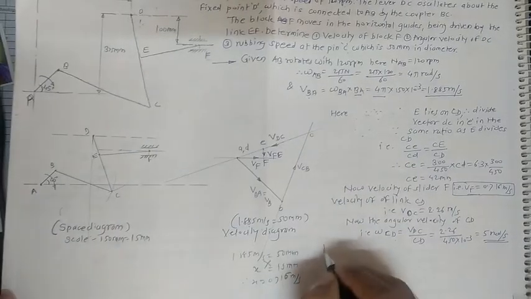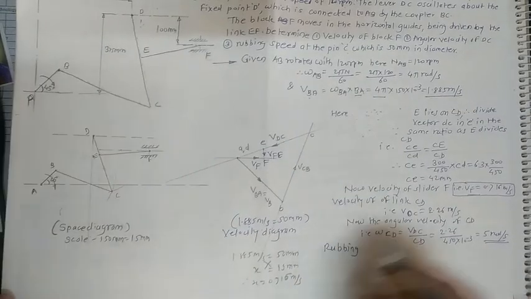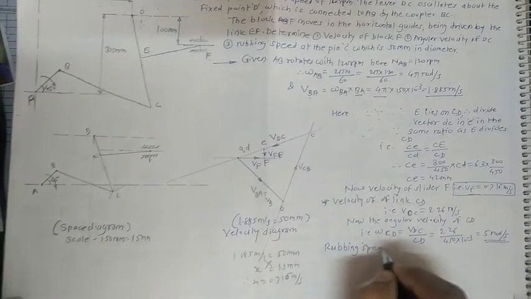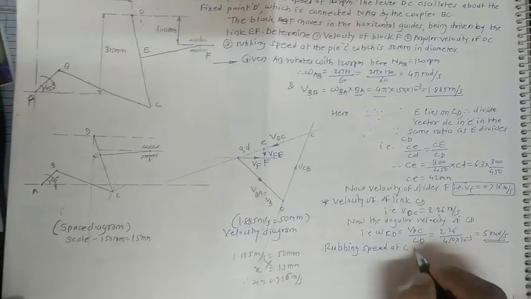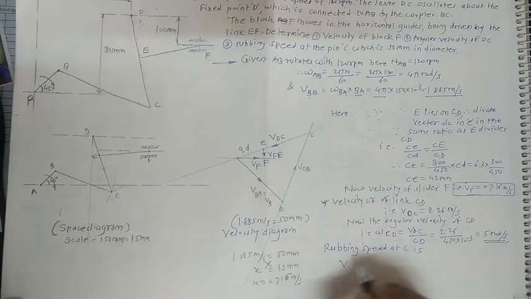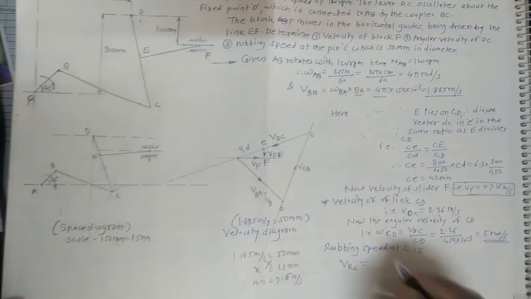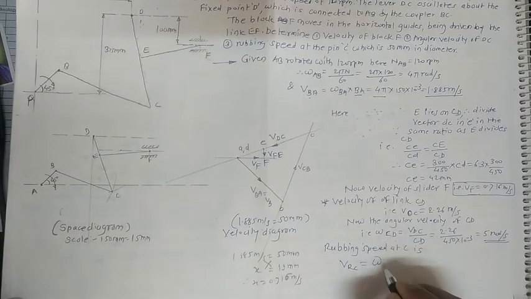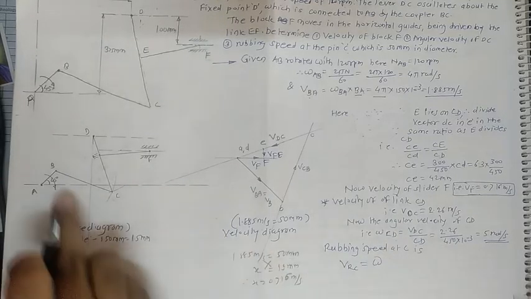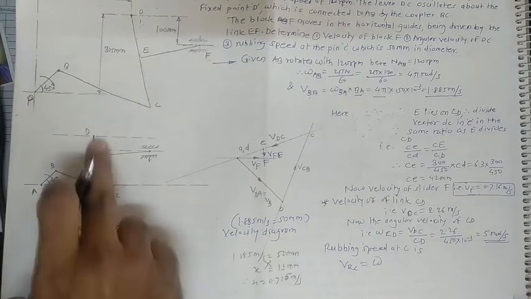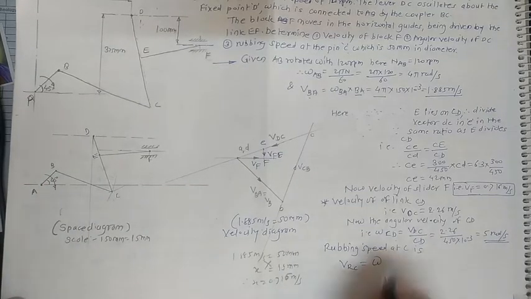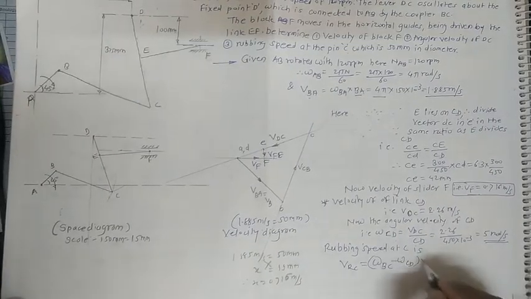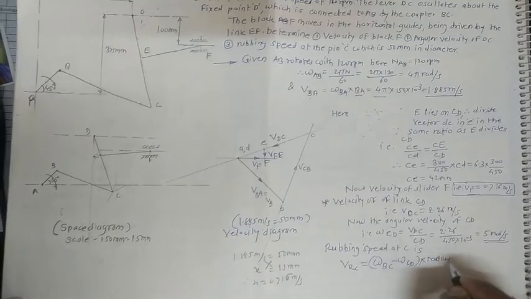Rubbing speed at C is, you need to consider the angular velocity of the BC and the angular velocity of the CD: angular velocity of BC minus angular velocity of CD multiplied by radius of pin. This is the formula.